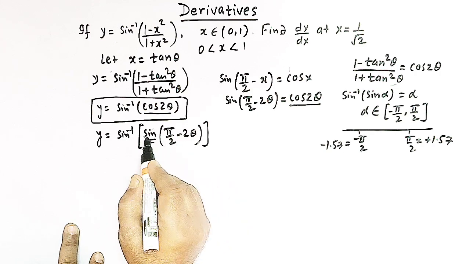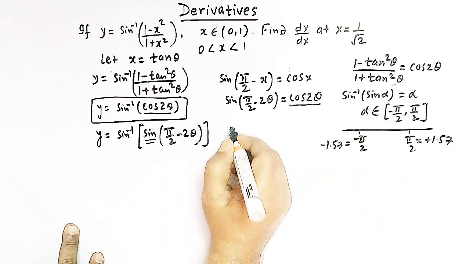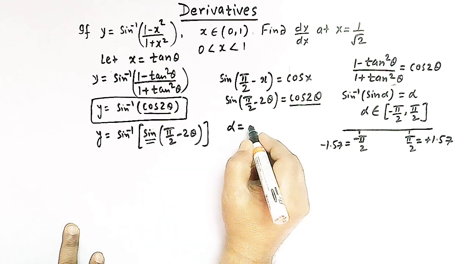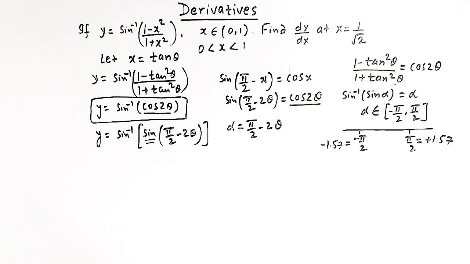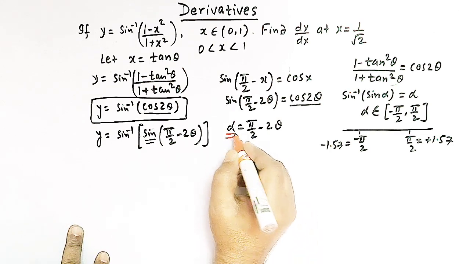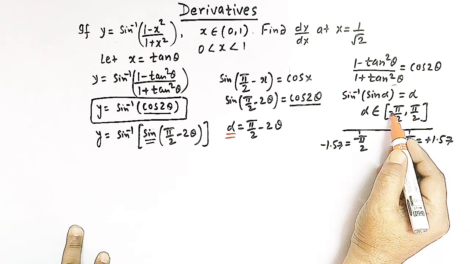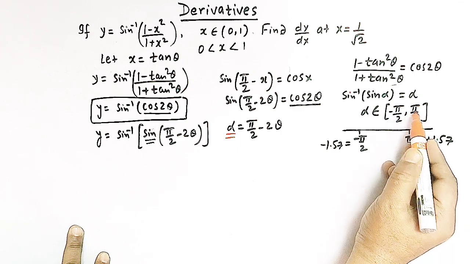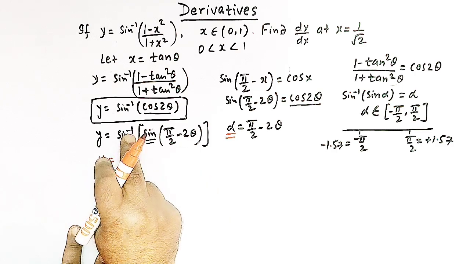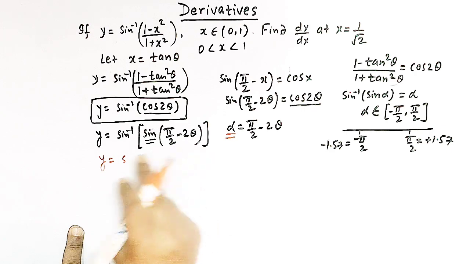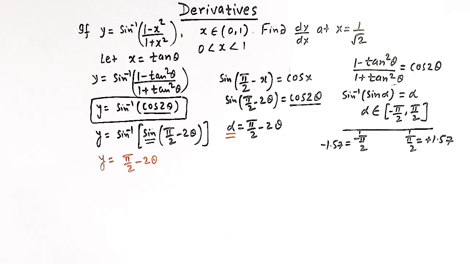So now we have the sine function. The value of alpha is given by pi by 2 minus 2 theta. This alpha must belong to the interval minus pi by 2 to pi by 2, because only then can we write sine inverse of sine of (pi by 2 minus 2 theta) as pi by 2 minus 2 theta.